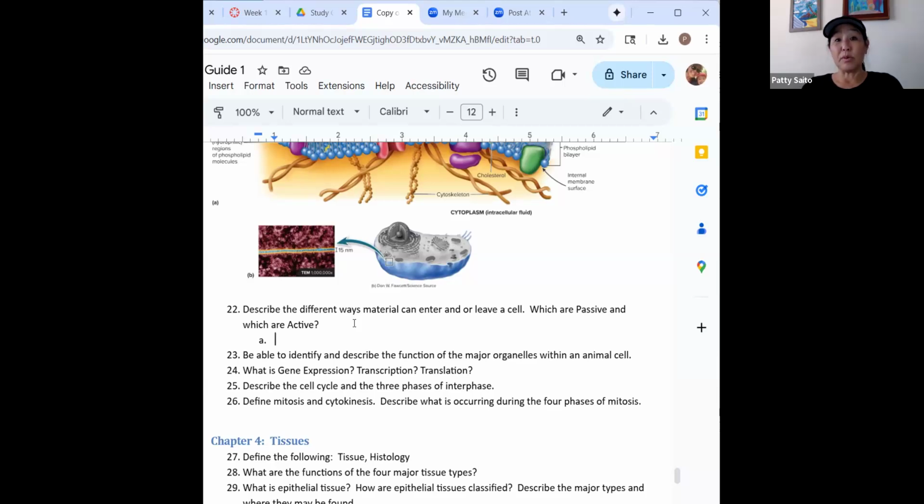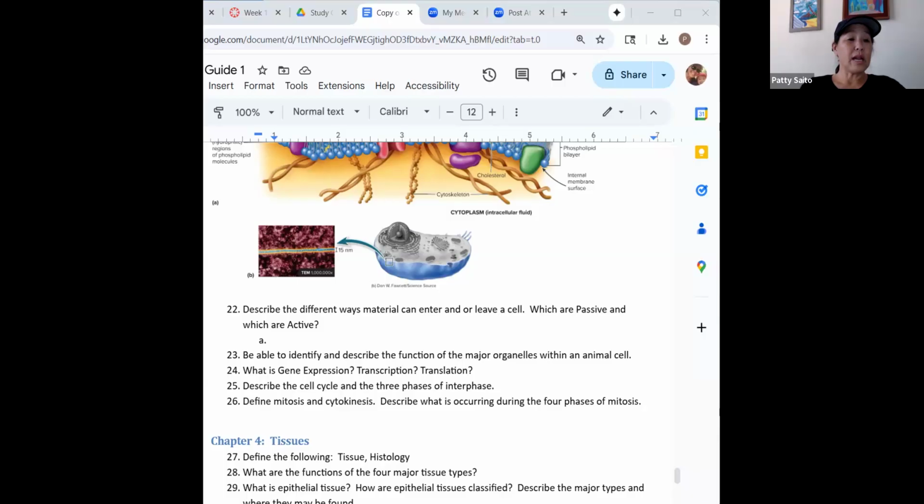We secrete hormones and other substances into the blood. We make it inside the cell, and then we get rid of it. We release the hormone into the blood, and then it does some kind of activity. And also sometimes we need to take things into the cell, such as that bacteria, or building blocks to make something. So how do we bring things in and out?